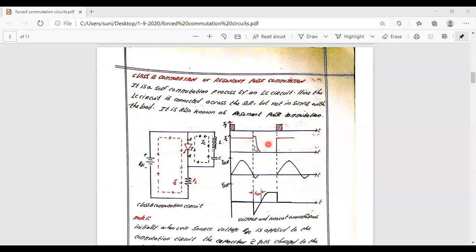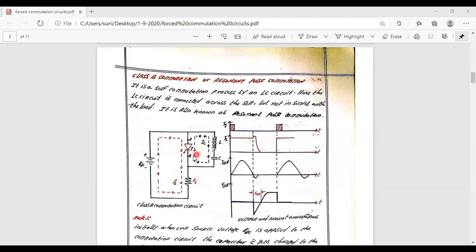In this resonant pulse commutation, there are three modes of operation. The first one is where the thyristor is in the off state. Whenever the thyristor is in the off state, if the power supply is turned on, current conduction is provided from the positive terminal to the inductor, the inductor to the capacitor, the capacitor to the load, and negative.